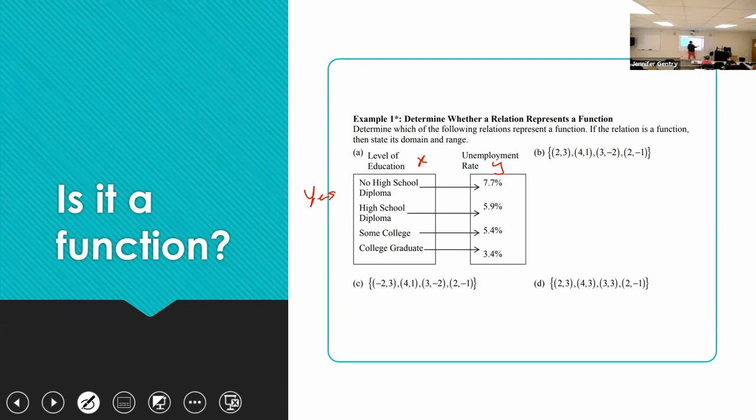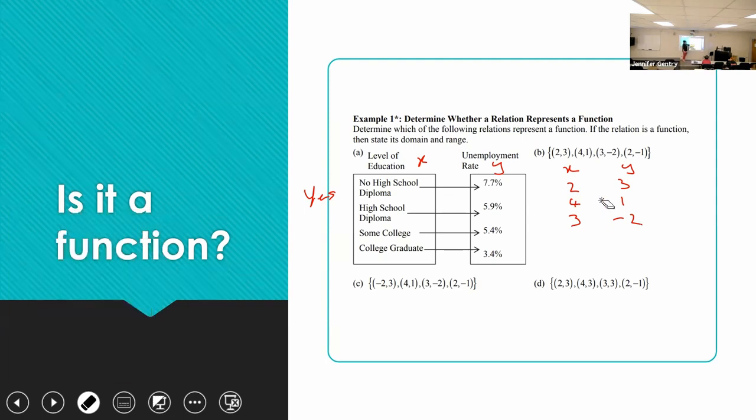So what are my x's? Your x's are 2, 4, and 3. What are my y's? Your y's are 3, 1, -2, and -1. My 2 goes to a 3, right? My 4 goes to a 1. My 3 goes to -2. My 2 back up here also goes to -1. Can that still be a function?